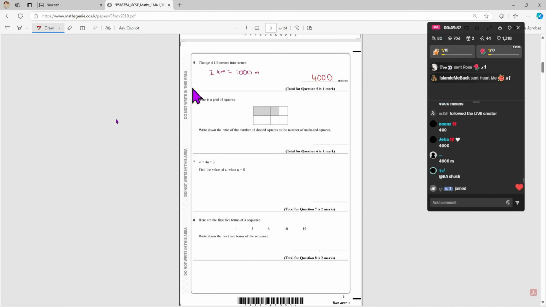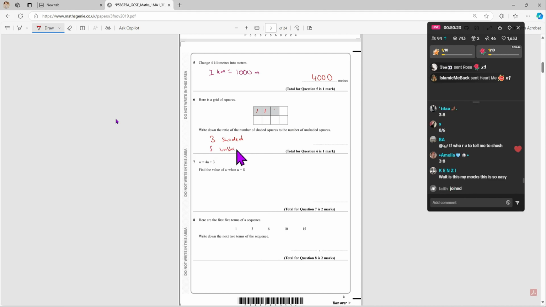So question number 6. Here is a grid of squares. Write down the ratio of the number of shaded squares to the number of unshaded squares. The first thing you would do is count how many shaded squares there are. There are 1, 2, 3 shaded squares. And then there are 1, 2, 3, 4, 5 unshaded squares.